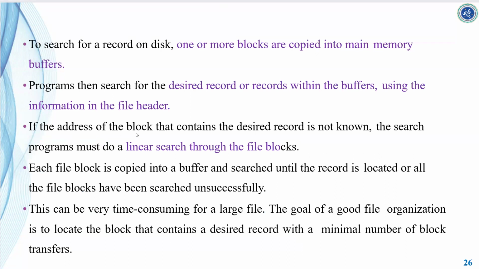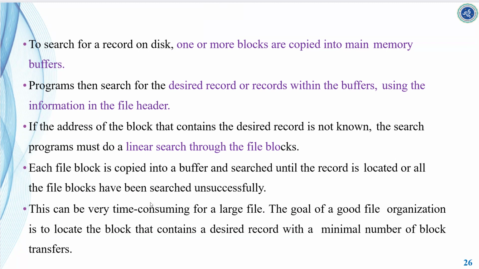If the address of the block that contains the desired record is not known, the search program does a linear search, searching for the desired block one by one. Each file block is copied into the buffer and searched until the record is located. If the record is not found, the search completes unsuccessfully.